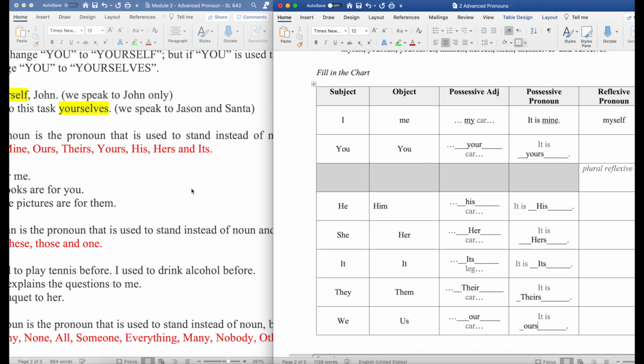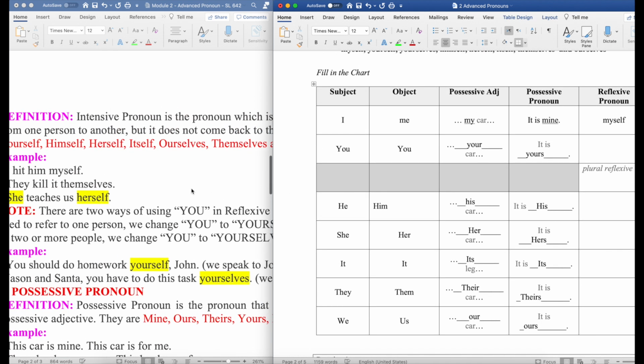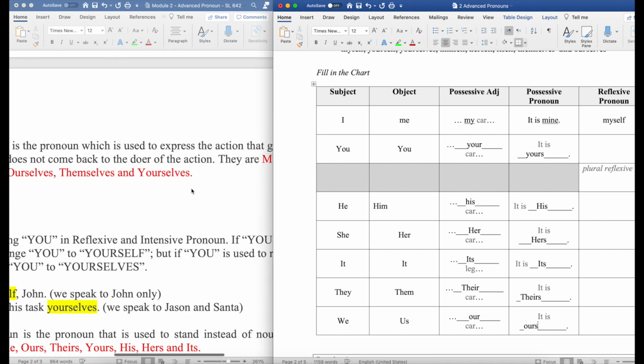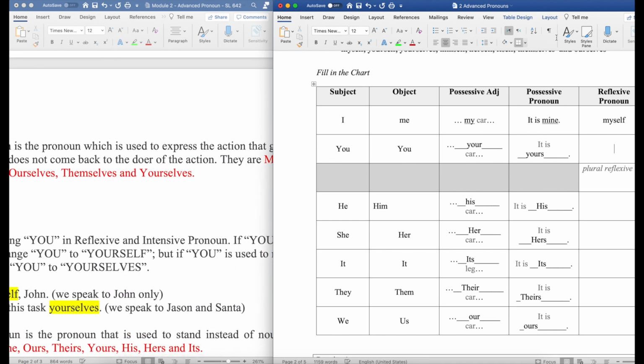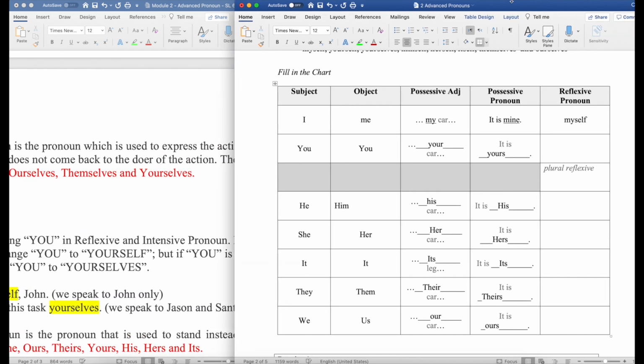Then finally we have reflexive, so let's go back up and see where the reflexives are. There they are. Okay? So myself, yourself, or yourselves, right?